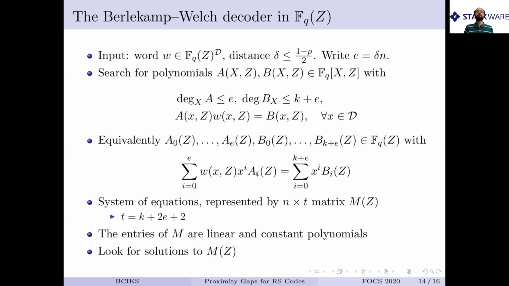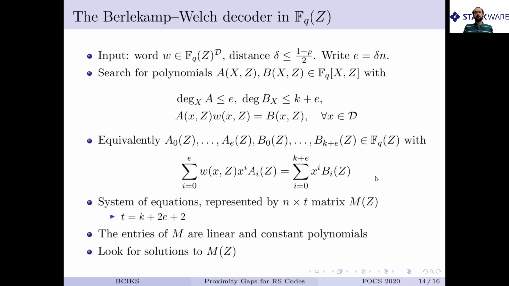But again, these are linear equations over F_q(Z). And the coefficients here are actually more simple than that. We just have coefficients which are constant polynomials in Z for the coefficients of B, and coefficients which are linear polynomials in Z for the coefficients of A. So the matrix is not very complicated. The matrix just has entries which are linear and constant polynomials in Z. And we are looking for solutions to this matrix, M(Z).